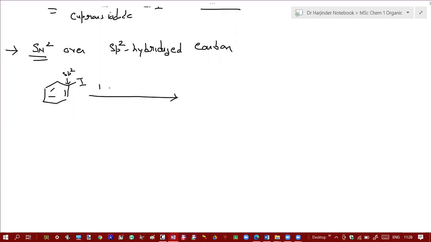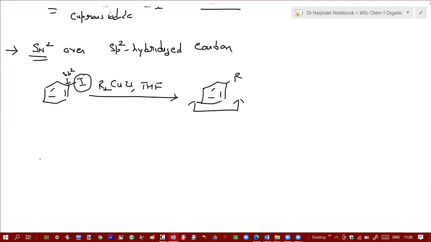So if you treat it with dialkyl cuprates in THF, this iodide will be replaced by an alkyl group, and you get the corresponding alkylated benzene. So this is the most important feature of these Gilman reagents, that they can bring substitution over sp2 hybridized carbon.